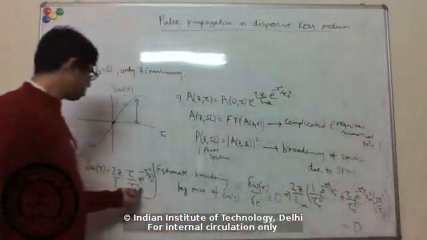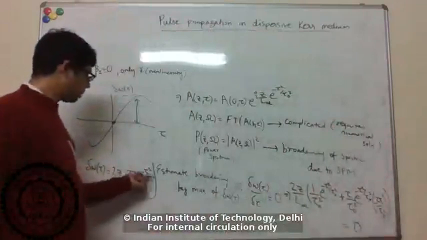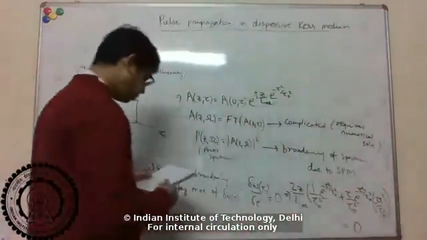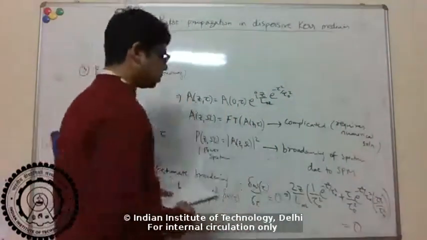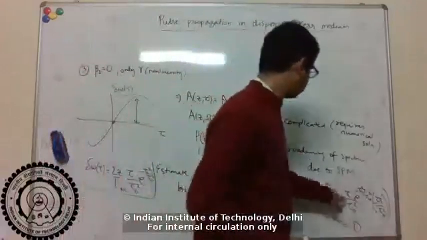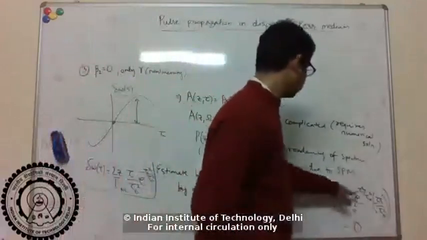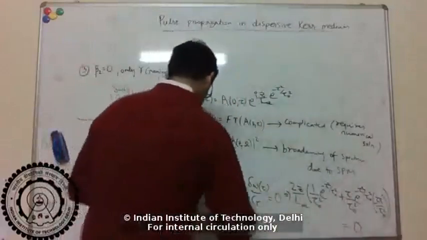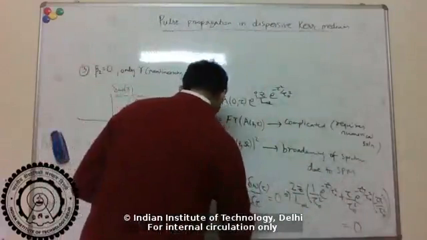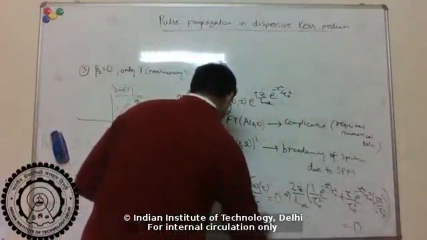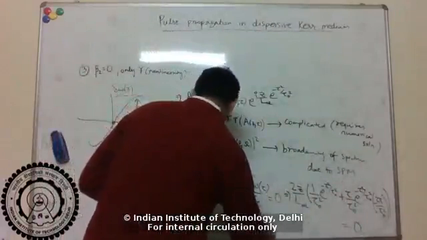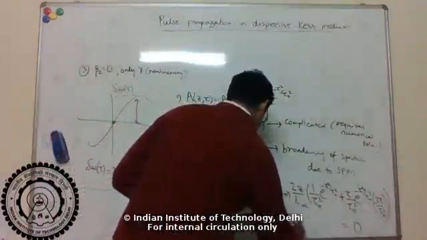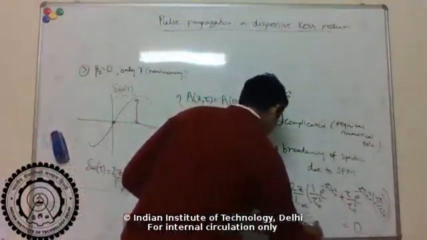Okay, so we'll get two terms. We have a product of two functions here, both dependent on time, so we do the chain rule and get two terms. If you put that equal to 0, this Gaussian term you can just cancel, and we are left with 1 minus 2 tau squared by tau naught squared equal to 0, which means this peak occurs at tau equal to tau naught by root 2.